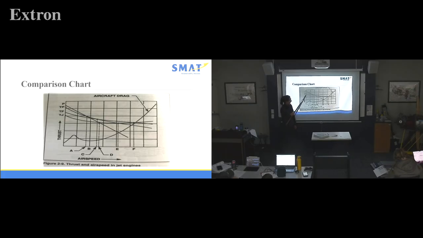Turbojet is not great at low speeds, but as we get faster and faster, we get tons of ram air. Then it actually, at the end of the day, wins out at highest airspeed. But turbofan, better than turbojet at lower speeds, stays pretty steady. Just at the very, very end is it beat out by turbojet. So it just gives you a comparison that our turbofan is going to be the best overall average.